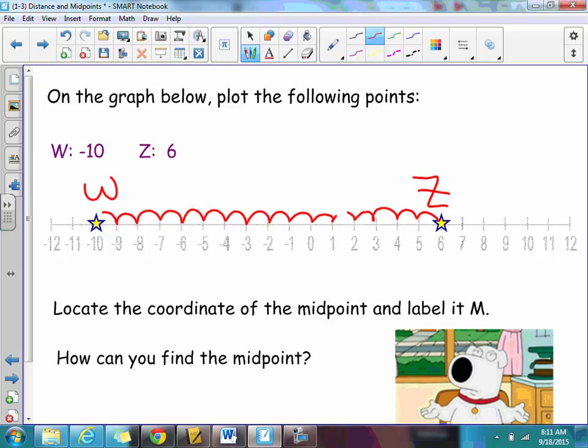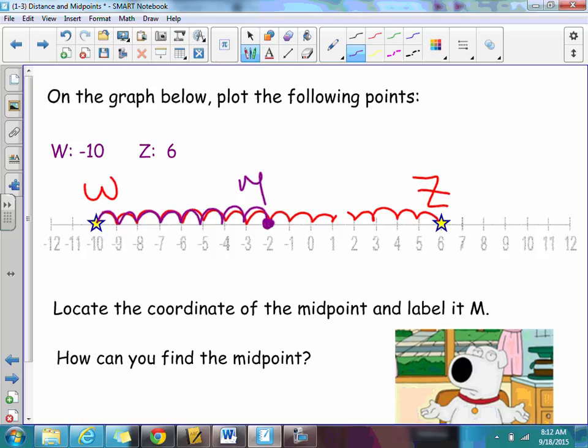I have to jump 16 times, so the middle would be 8. Now remember, the answer's not 8, it's 8 jumps. So let's do 8 jumps: 1, 2, 3, 4, 5, 6, 7, 8. It looks like it's going to be here, and we can double check by counting the other way: 3, 4, 5, 6, 7, 8. Yep, this is my midpoint. There's my midpoint, I labeled it in.